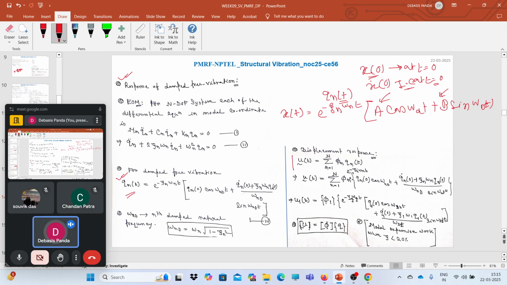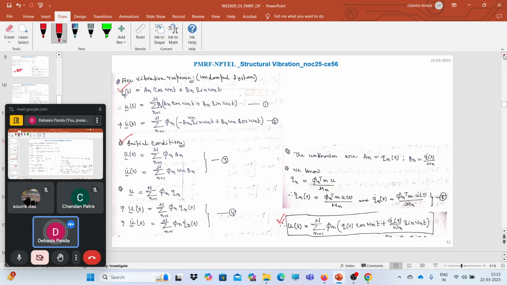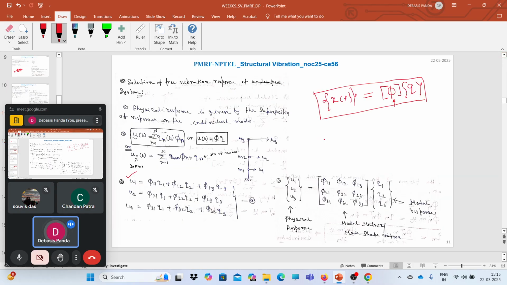The displacement response u of t will be equal to the summation of i equals 1 to n of phi n qn of t. Here if you see the structure, u of t is a vector. It contains information about each degree of freedom, u1 u2 u3, equals the phi matrix.